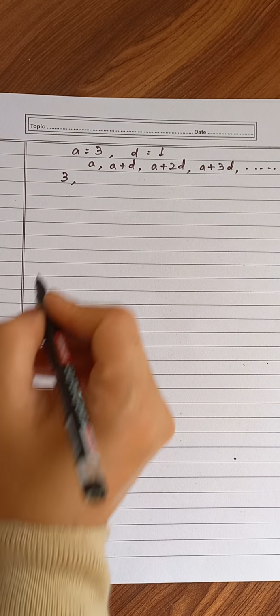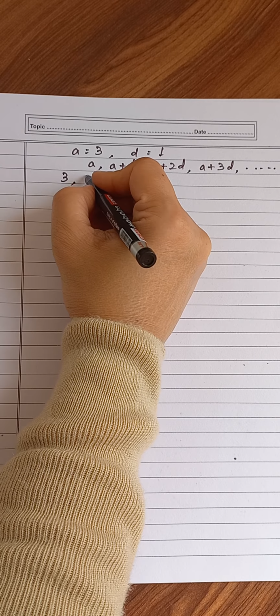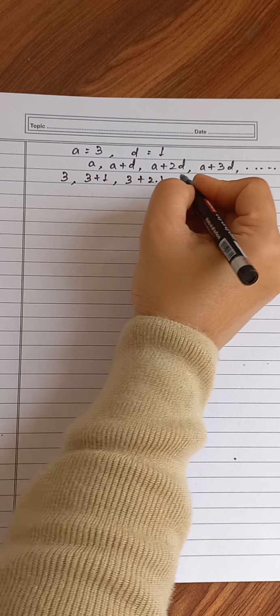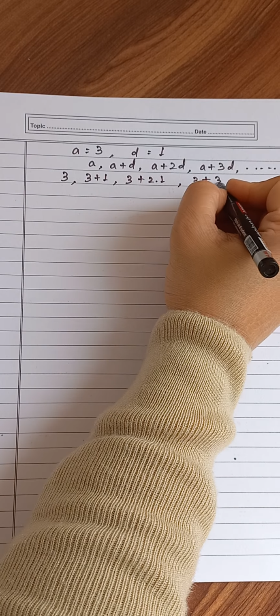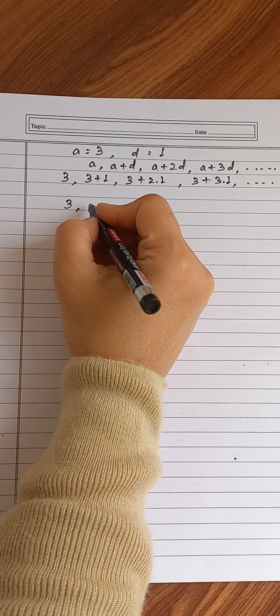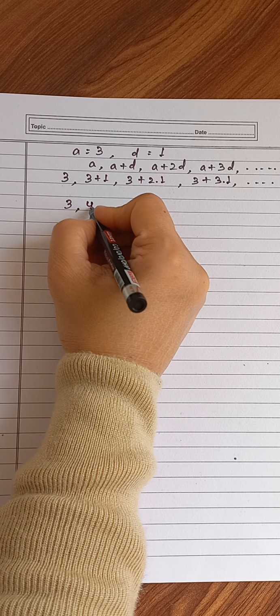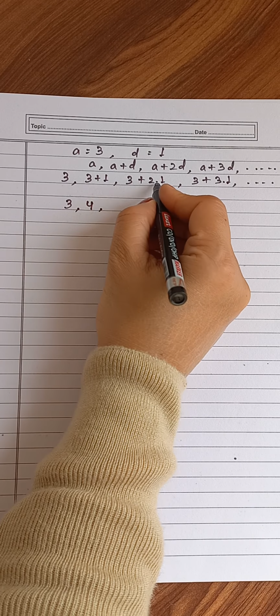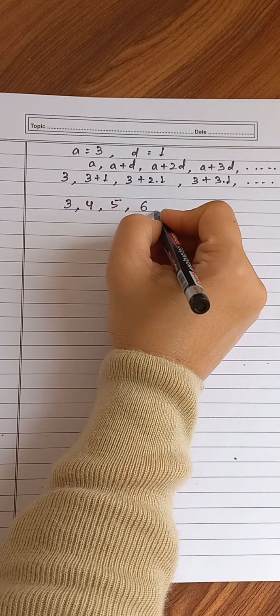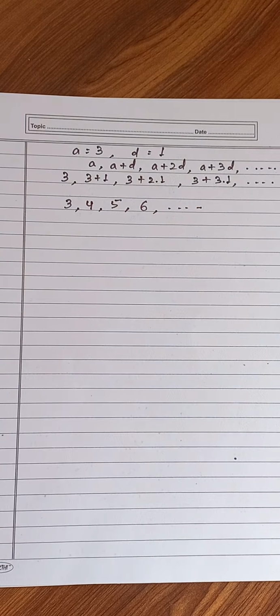So a value is 3, so 3 plus 1, then 3 plus 2 into 1, then 3 plus 3 into 1, and so on. So finally you will get the values 3, 4, then 3 plus 2 becomes 5, 3 plus 3 becomes 6, and so on. So this is the sequence of the AP.